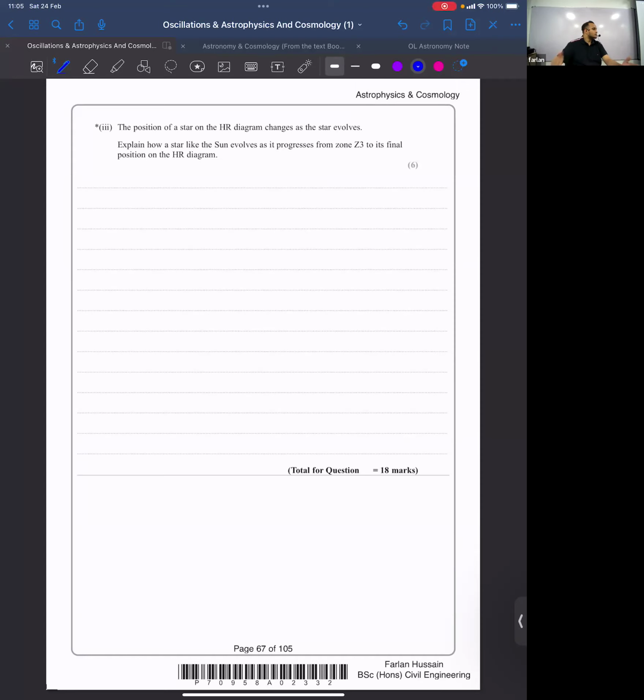Now the sun will expand to many times its original size. Temperature will decrease.